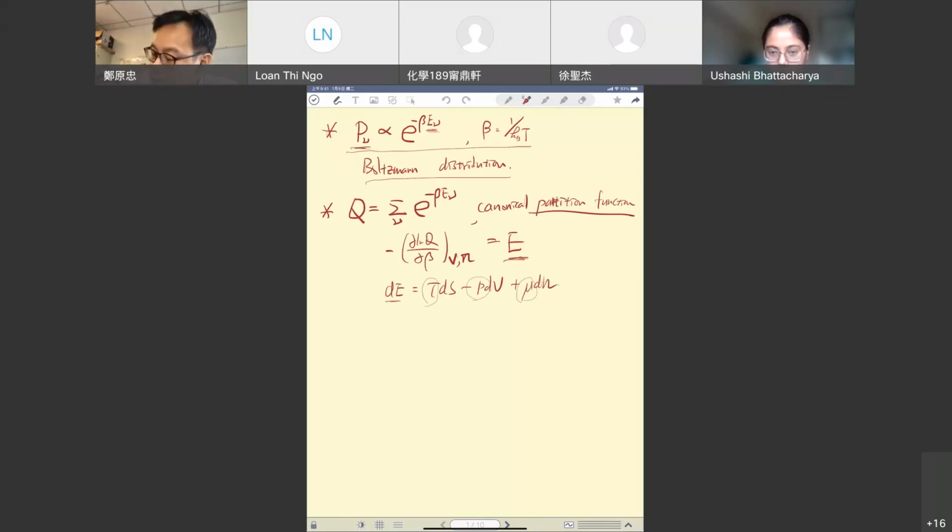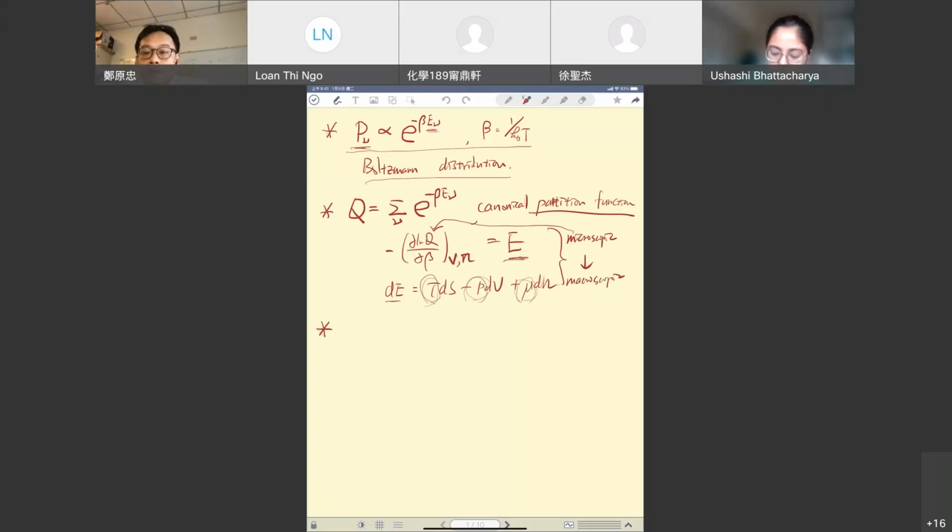These two combine from microscopic to macroscopic, because the partition function is calculated from your Hamiltonian. As long as you know the spectrum, you can calculate the partition function, and from it these thermodynamic functions can be calculated. So this is a basic prescription for calculating various thermodynamic properties from the microscopic partition function.